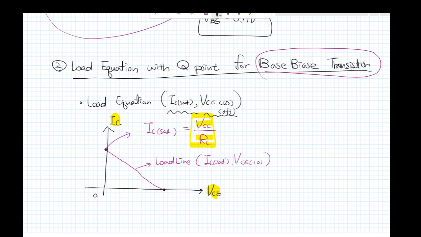And then the other point is V sub CE cutoff, which is the same as V sub CC.